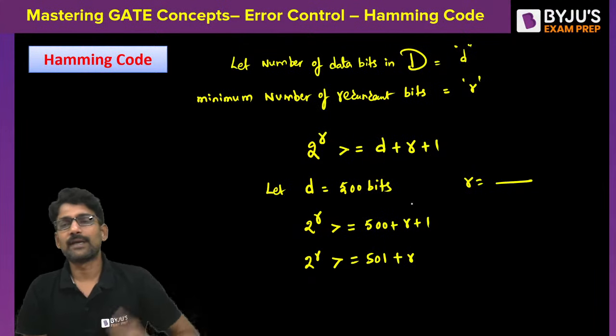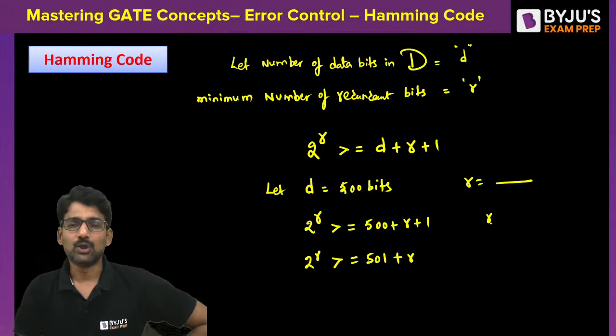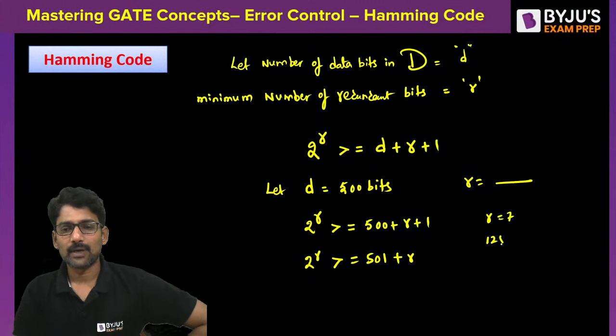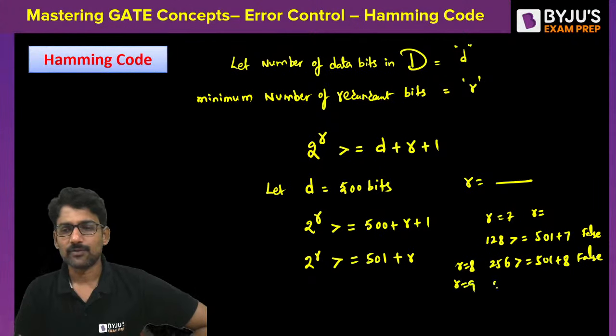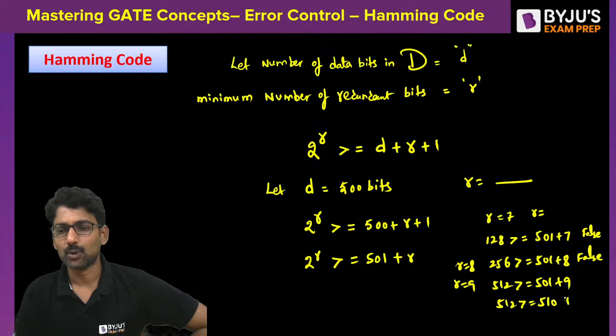So here if I keep R value as 1, 2, 3, like that, if I try, suppose if R value is 7, 128 greater than or equal to 501 plus 7, false. So take R value 8, 256 greater than or equal to 501 plus 8, false. So take R value 9, 512 greater than or equal to 501 plus 9, 512 greater than or equal to 510, true.